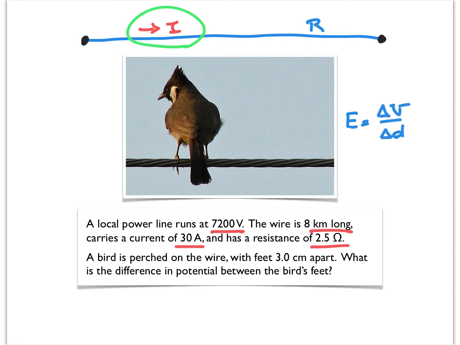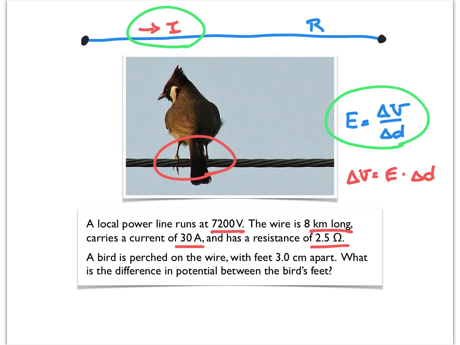And since there's an electric field in the wire, there will be a potential difference between the bird's feet. And the potential difference between the bird's feet is just going to be equal to the electric field times the distance between the bird's feet. So a rearrangement of the previous relationship, but two different things for delta D. First, I'm going to say, let's calculate the potential difference across the whole wire.